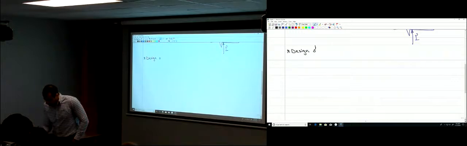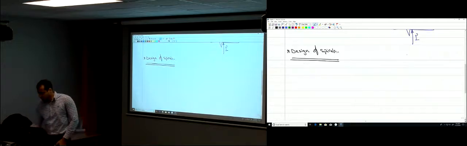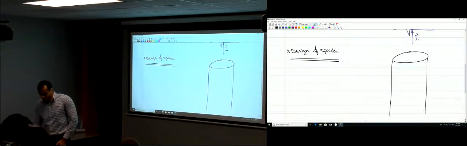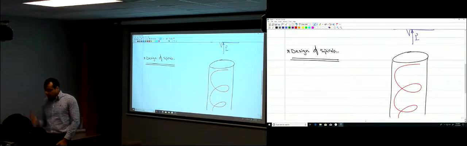Design of spirals. One of the important functions of spirals or spiral stirrups is when you have a column like this. Usually it's a circular column, and then you have your spiral. This spiral will reinforce the core of the concrete.